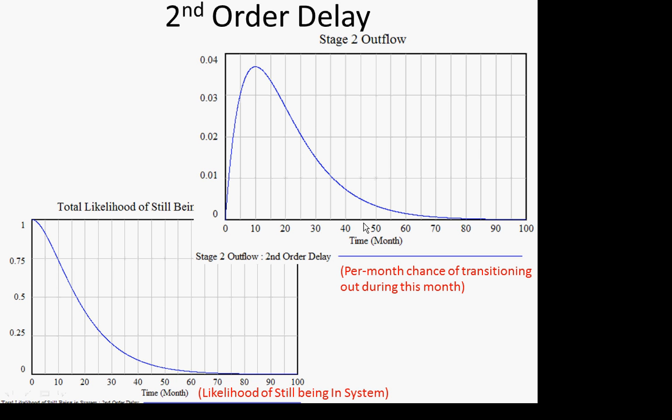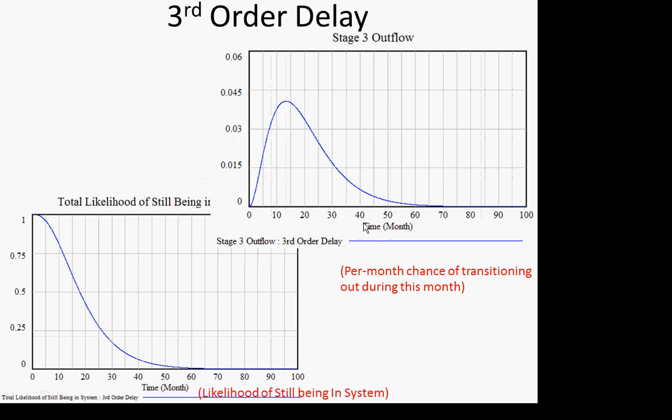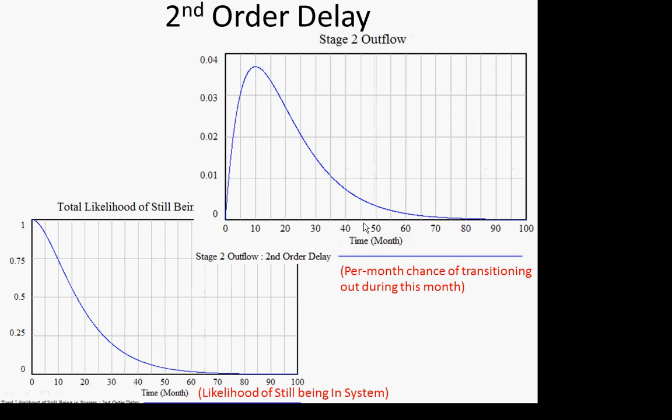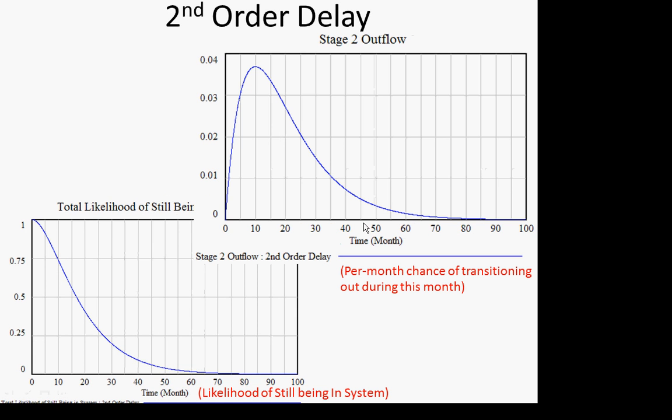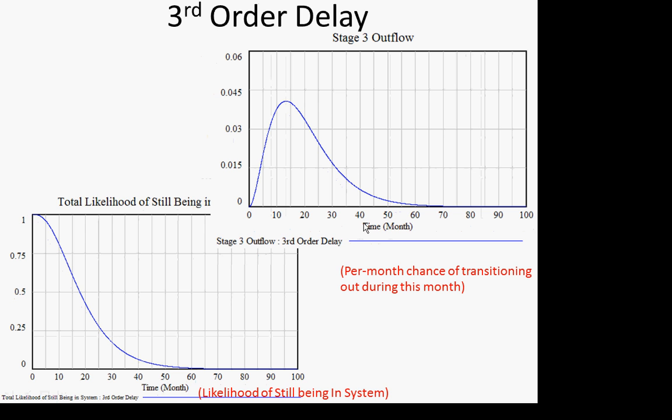What's the difference? Both are kind of peaked like that. Great. But what's the difference between them? The peak is later in time. That's true. This first one has to peak immediately, right?